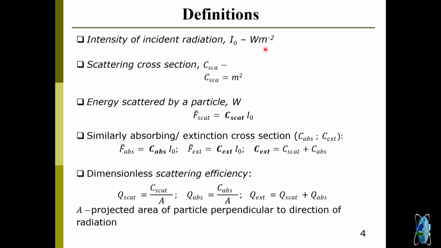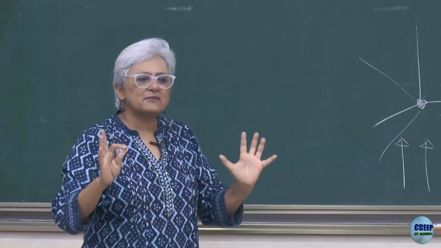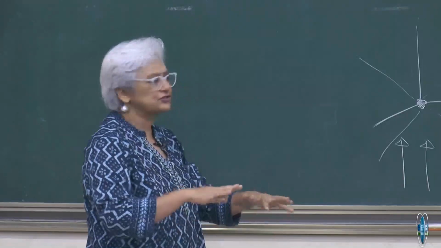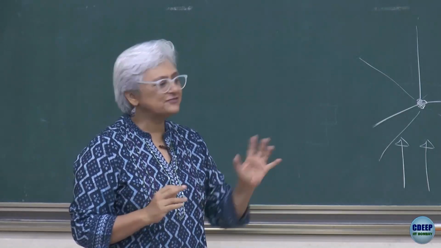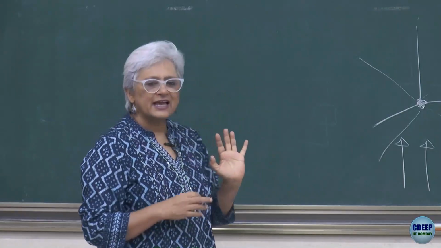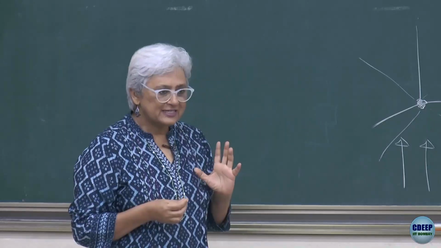When we're talking about an efficiency, which is the dimensionless scattering efficiency, it is the scattering coefficient divided by some kind of a physical measure of the particle itself. In this case, it's projected area perpendicular to the direction of radiation, right?